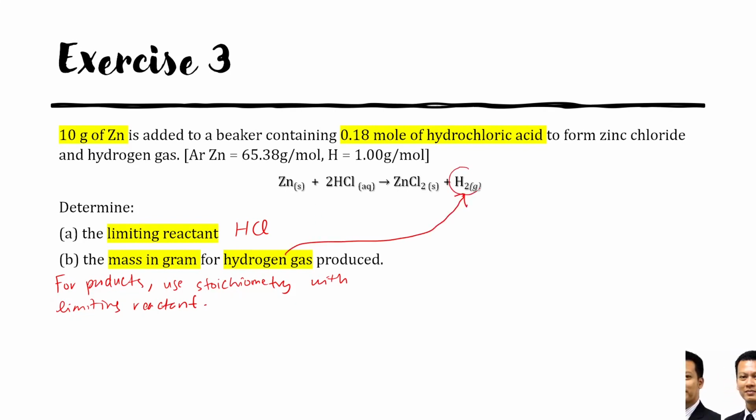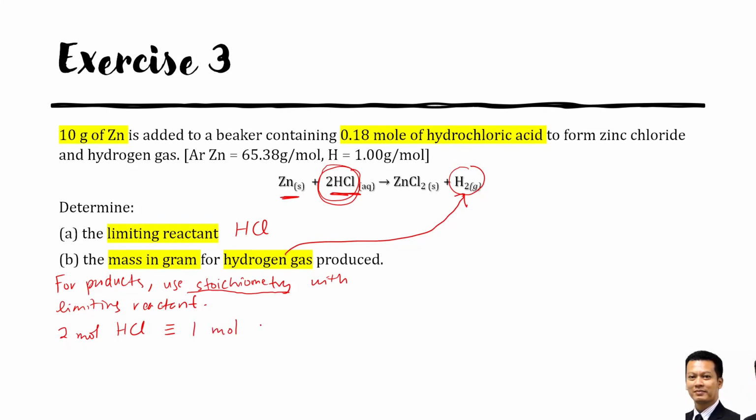The mass of the product here. So there are two reactants, zinc and HCl. So for you to use the comparison from the stoichiometry, you need to use the one which is the limiting reactant. So the limiting reactant is this one, HCl. So your comparison is 2 mole HCl produce 1 mole of H2.